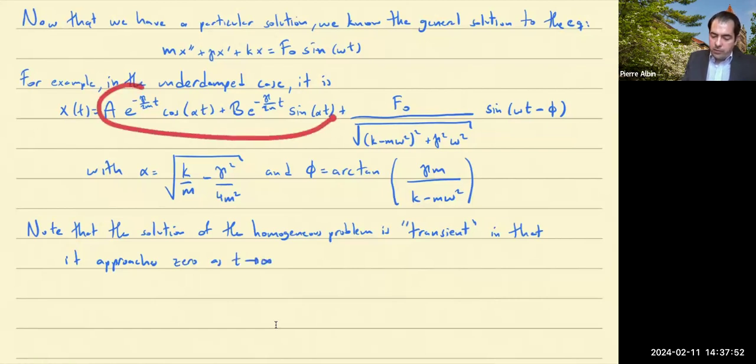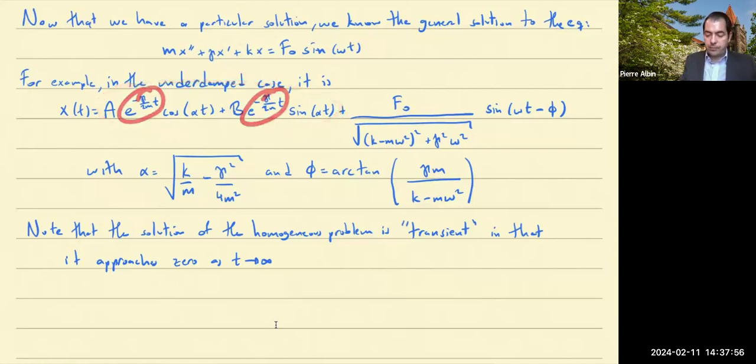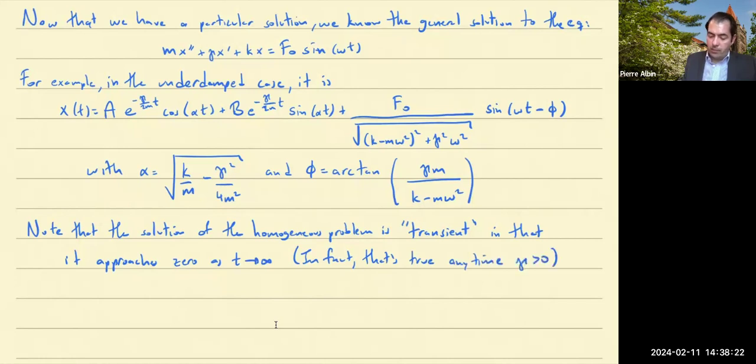So these first two terms, because we have this exponential with a negative exponent, as t increases, that goes to 0. Of course, that's true not just in the underdamped case, that's true anytime there's damping. So in fact, that's true anytime that gamma is positive, right? So in the three cases we considered, we always had that.